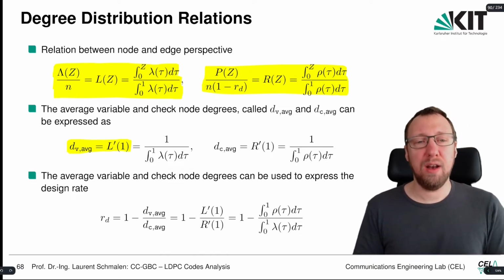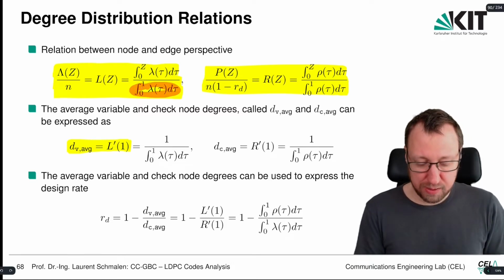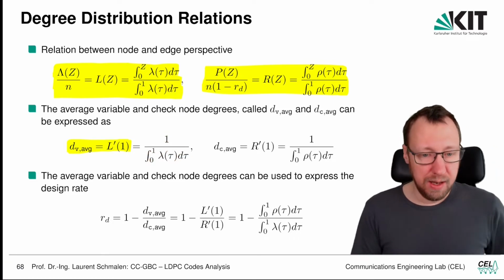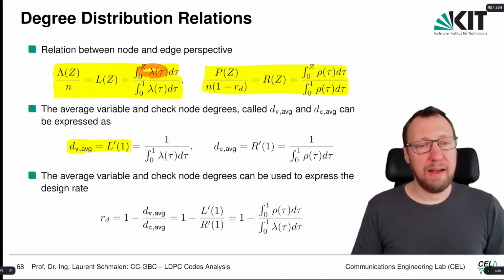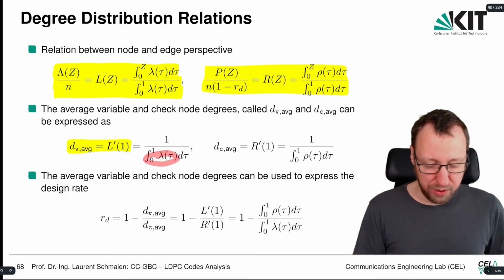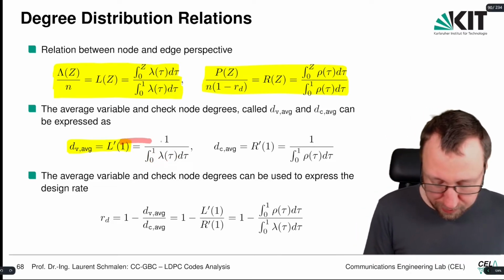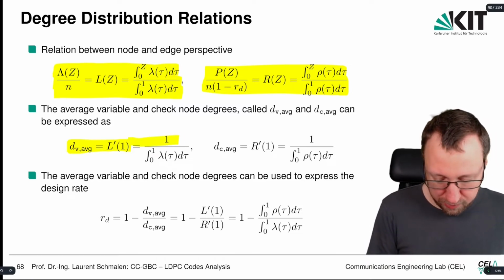If we insert 1, we get 1, divided by this constant. So this is 1 divided by this normalization constant. You see, the numerator will be equal to 1, and then we have the normalization constant. Same thing for the average check node degree. So let me mark this. This is a quite important formula.